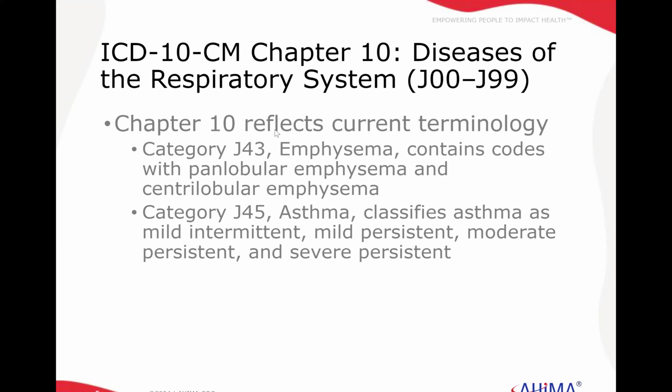J45 asthma, and again, pulmonologists classify asthma as mild intermittent, mild persistent, moderate persistent, severe persistent. And these are the ways it's documented in the chart. So if you look past the asthma and then look carefully at the subterms, you'll be able to get to the correct code.